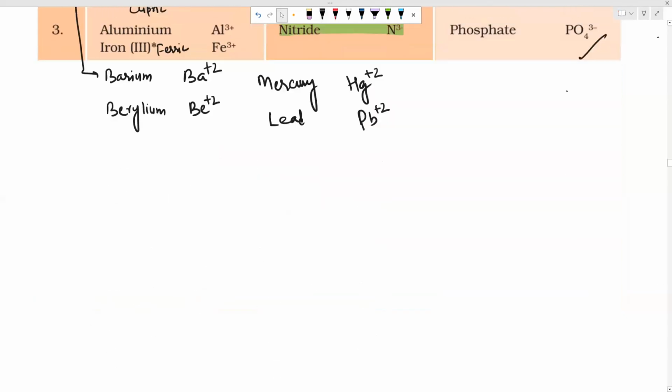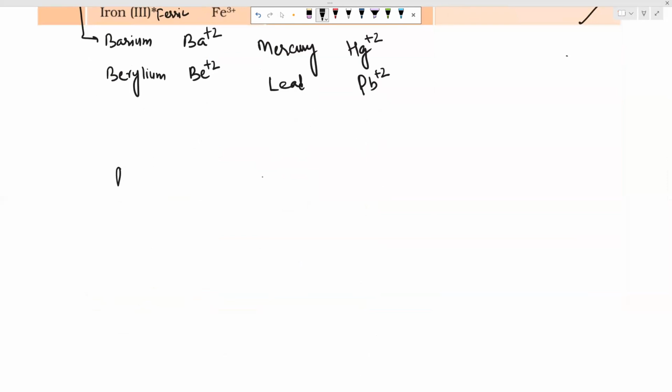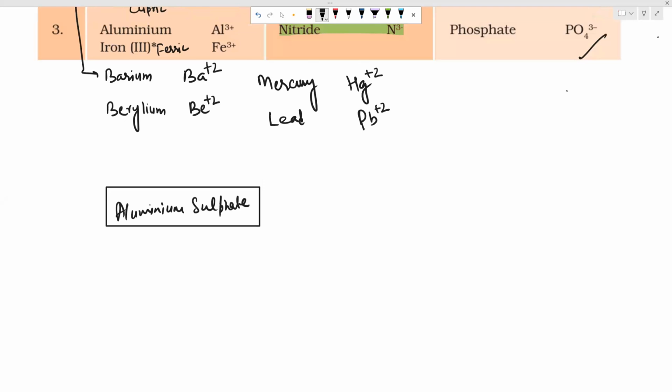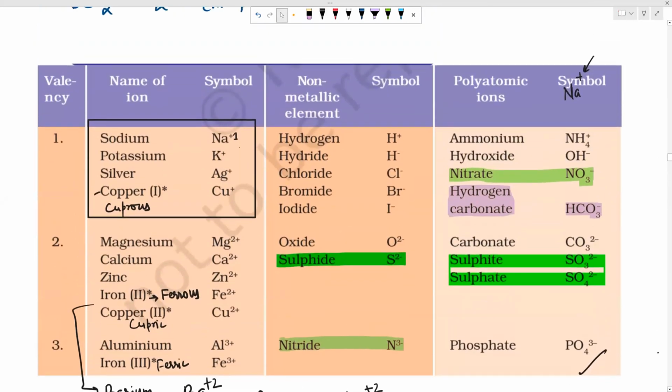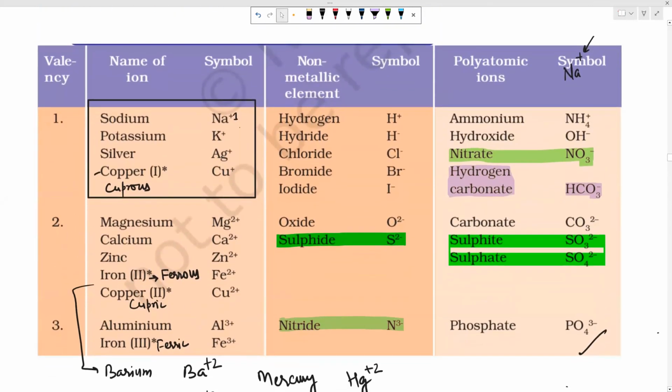For example, if you are going to write the formula of aluminium sulfate, aluminium sulfate. What did you say? Your voice was not coming.